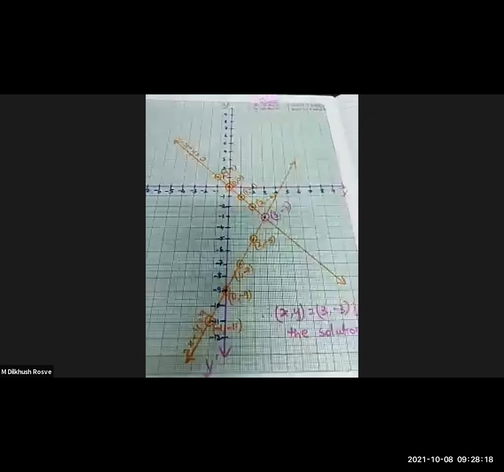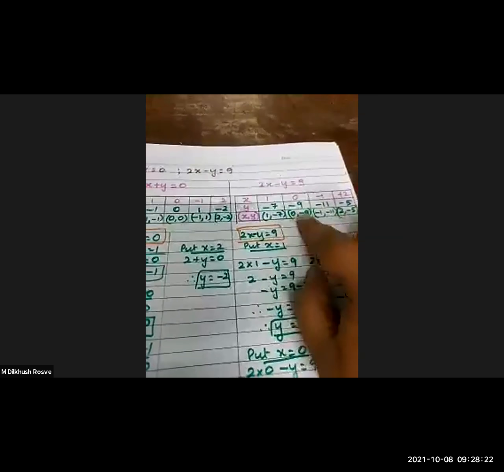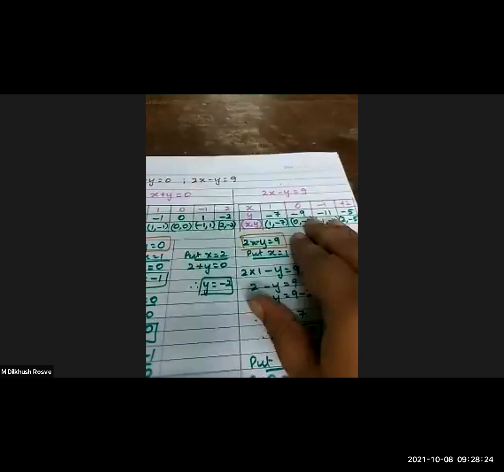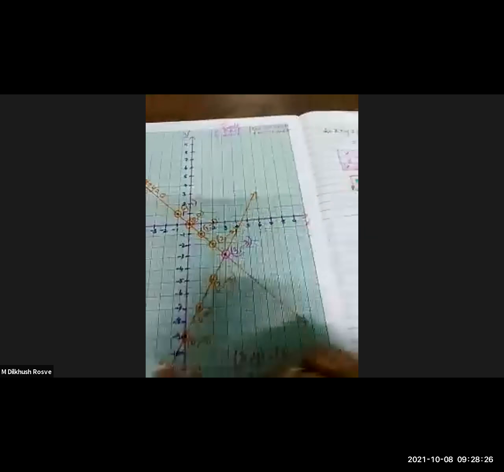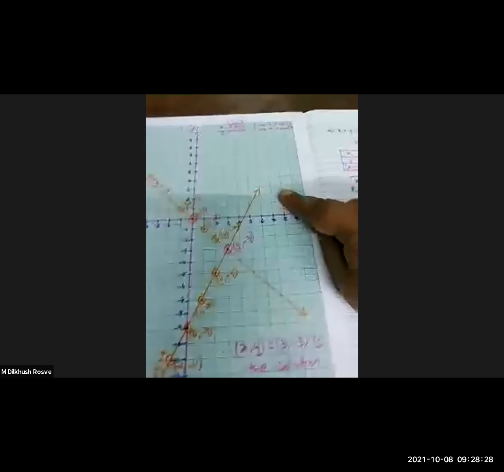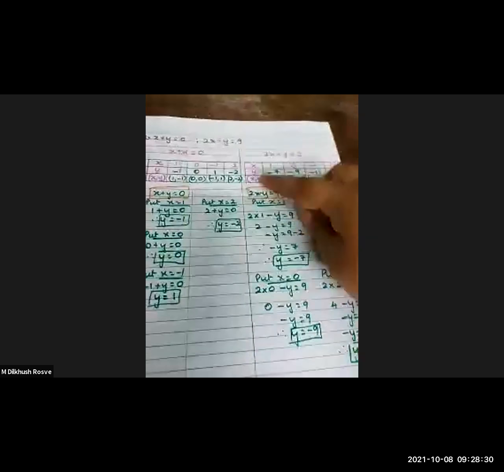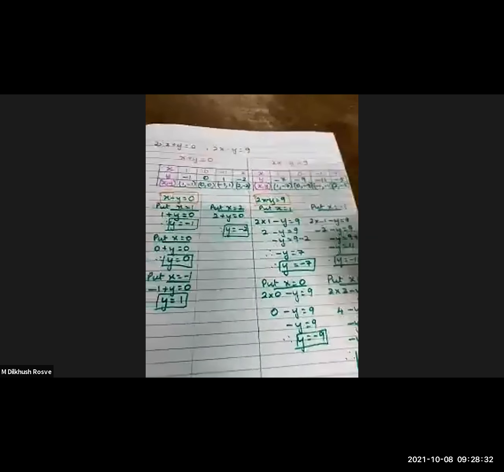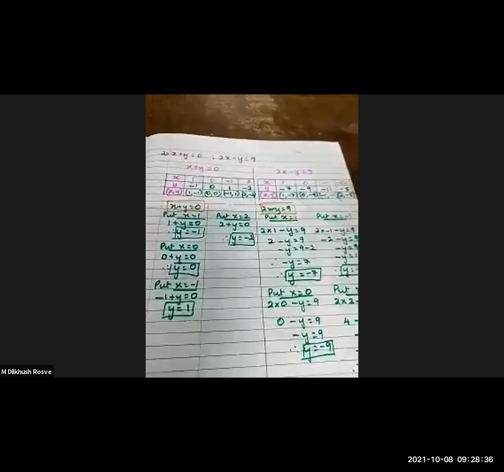If you make any mistake over here, any minus sign or plus sign, then you will not get a proper line. So this simplification is very, very important. Not even a single sign should you miss over here. Is it clear, children? Yes.